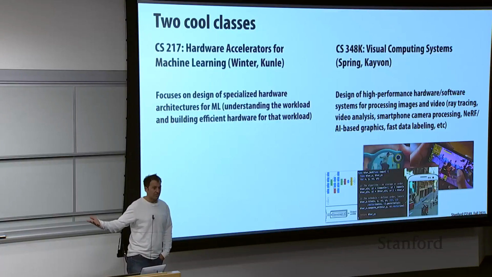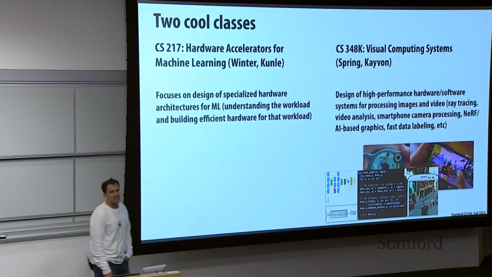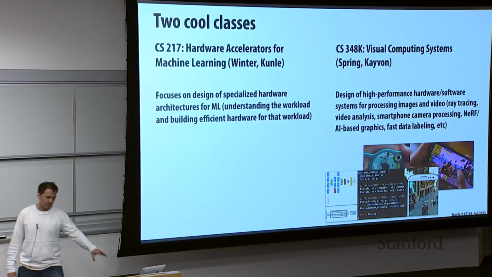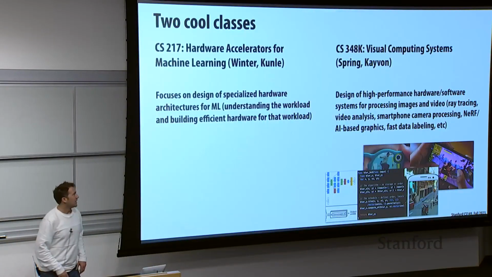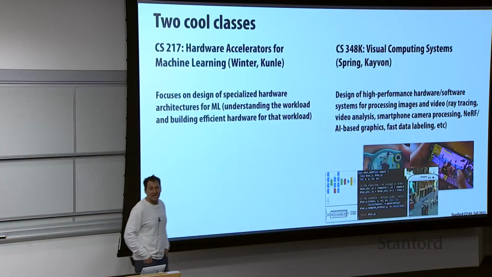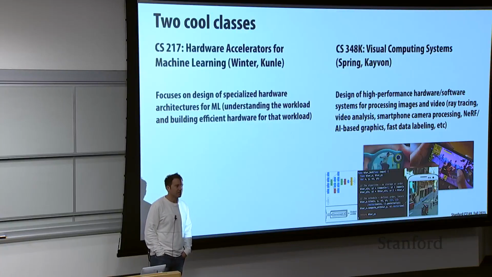In the spring, I teach graphics next quarter. So if you're interested in graphics, by all means, join us. But if you're not interested in graphics, I teach this hybrid course. Basically, if you take 149 and you take vision and graphics, and you put them together, 348K in the spring is that. It's a small course. We typically keep it around 30 people. We read papers on how to build systems.